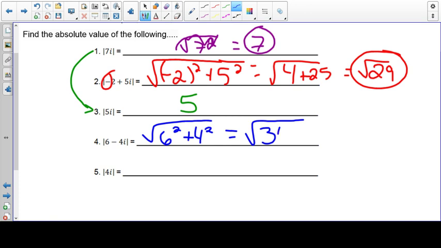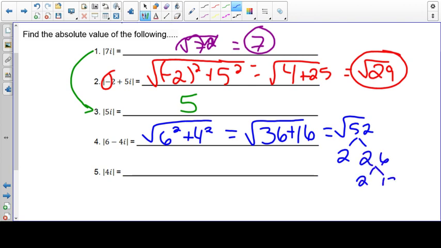So I get 36 plus 16, which gives me square root of 52, which we can do 2 and 26, which is 2 and 13, which is equal to 2 root 13.